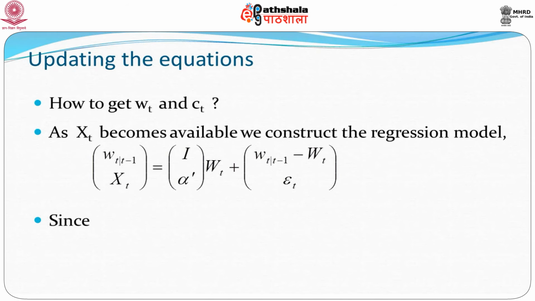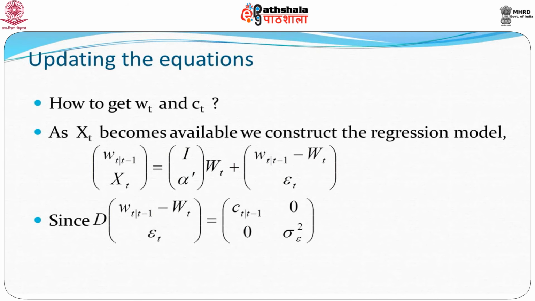So, the left hand term, we can look at the response as our y in general in a regression model. On the right hand side, we have Wt, which acts as our x in the regression model, and I and alpha prime act as a coefficient beta, whereas the second term acts as the error in this regression model.